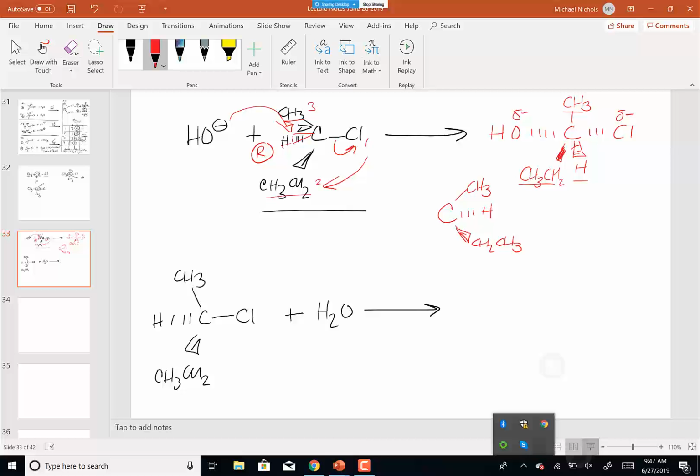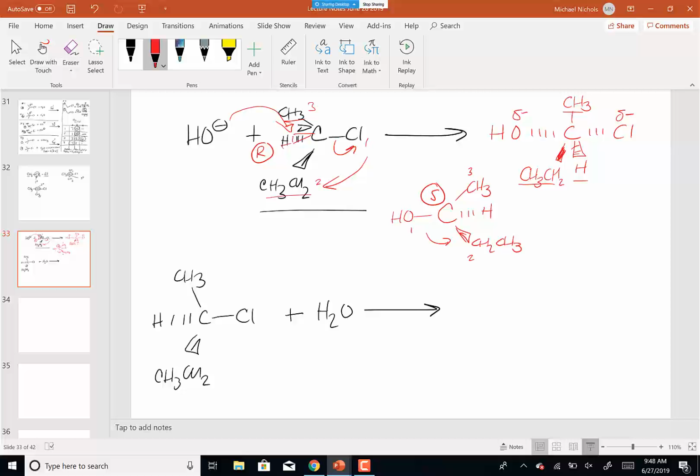Because where does the OH go? The OH is replacing the chlorine in that second position that's in the plane of the paper. And so now if I looked at this, OH 1, ethyl 2, methyl 3, the final configuration here is S.